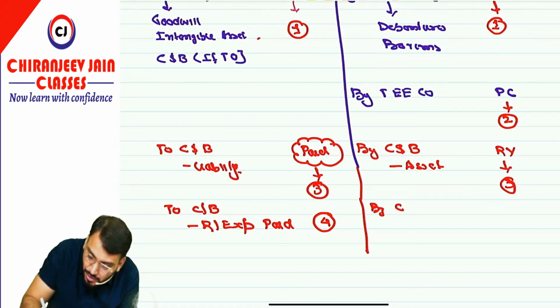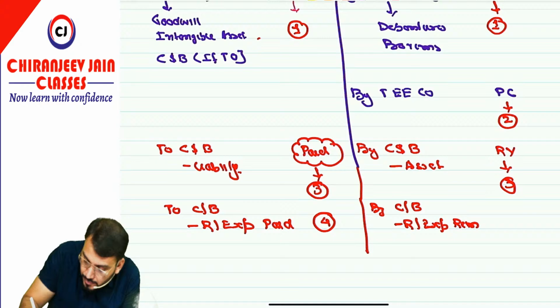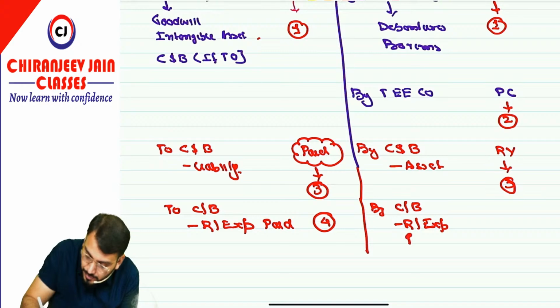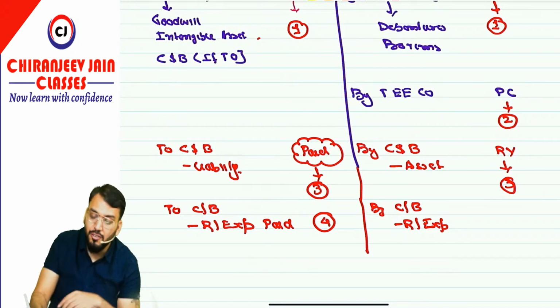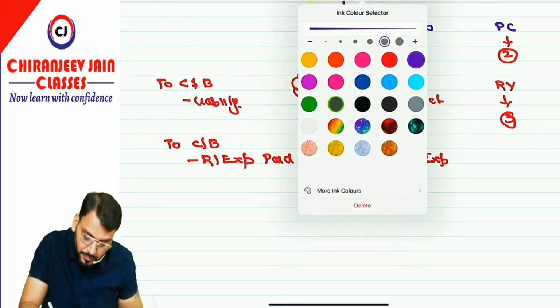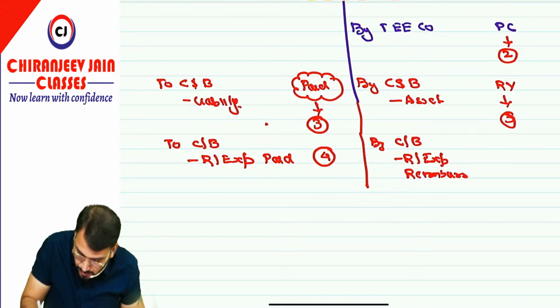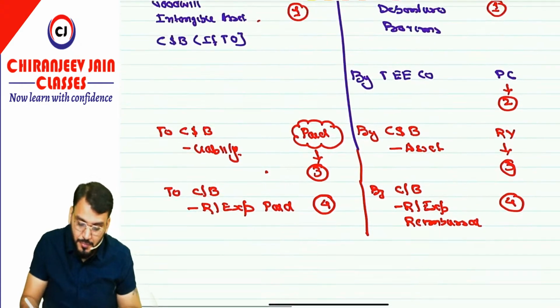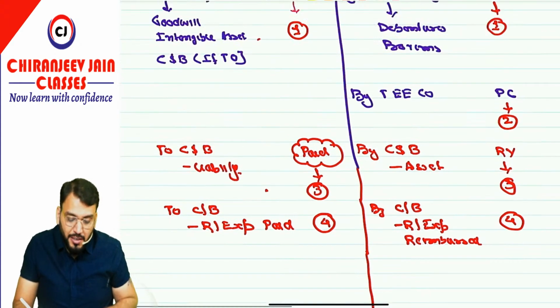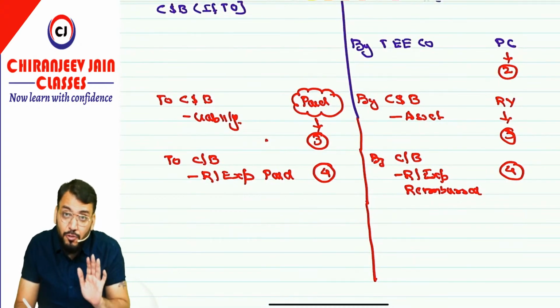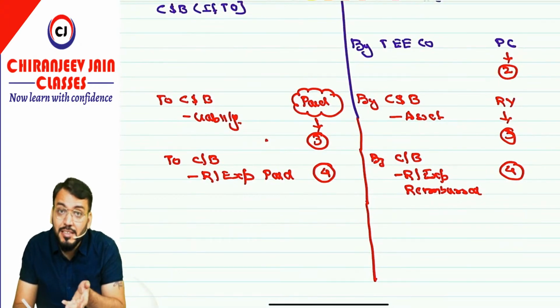And by cash or bank, realization expense recovered, reimbursed, if any. Are you able to understand all these points? This is also step number 4. Got this point?